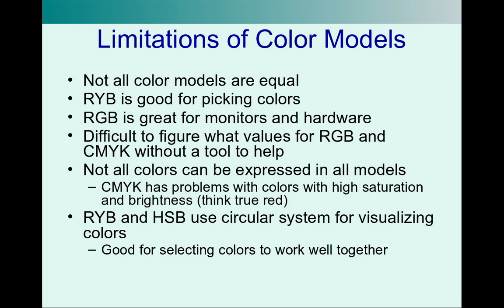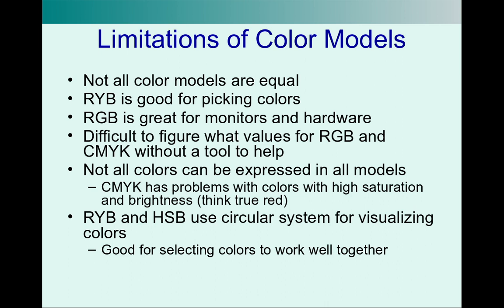But it is difficult to figure out what values for RGB and CMYK without using a tool, maybe a software tool, to help. For RGB and CMYK, we require a software tool. Not all colors can be expressed in all models.